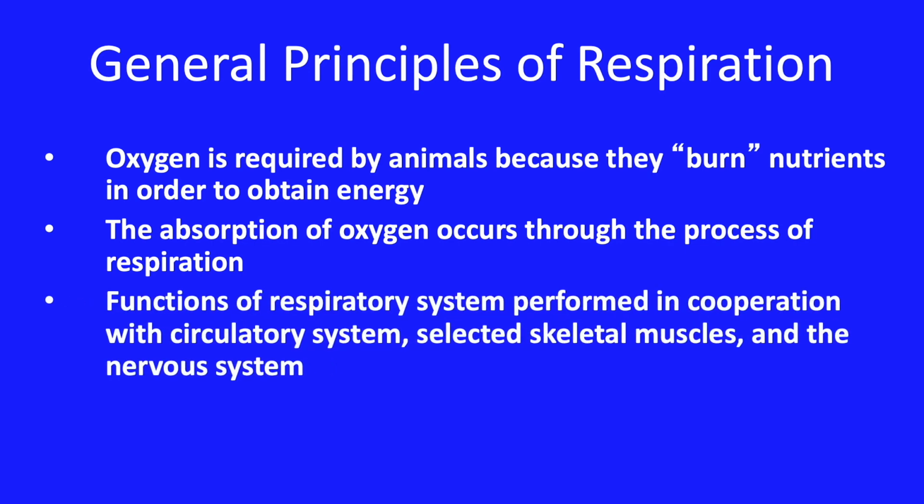Finally, the functions of the respiratory system are performed in cooperation with the circulatory system, the selected skeletal muscles, and the nervous system. Again, you will learn much about these interactions in the biochemistry and physiology components of the curriculum.